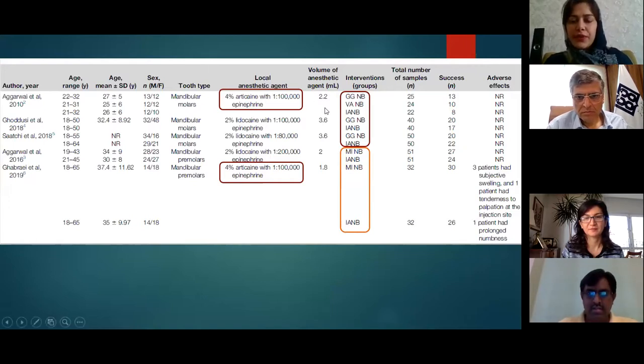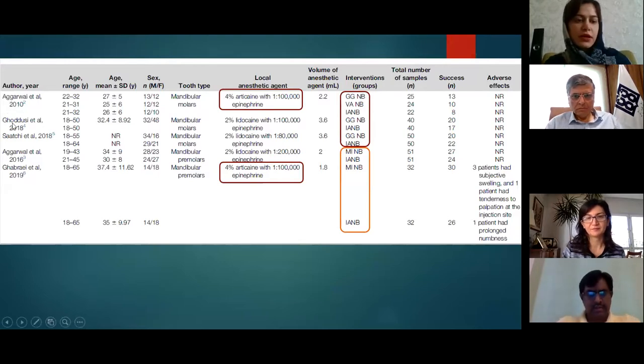As you can see, there are 3 articles that evaluated and compared the effectiveness of Gow-Gates with inferior alveolar nerve block: the articles of Agarwal, Dr. Qodusi, and Dr. Saachi. Two other studies compared mental incisive nerve block with inferior alveolar nerve block, which were the studies of Agarwal and Dr. Gabrai.